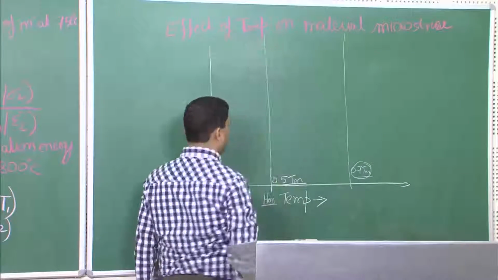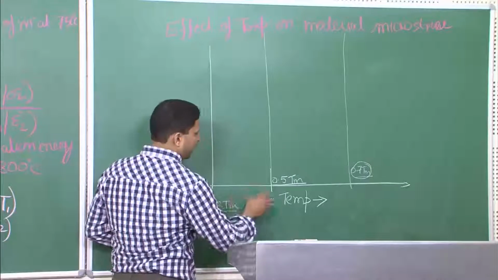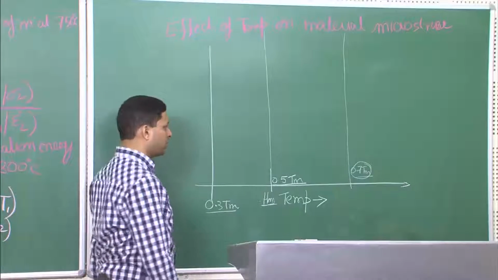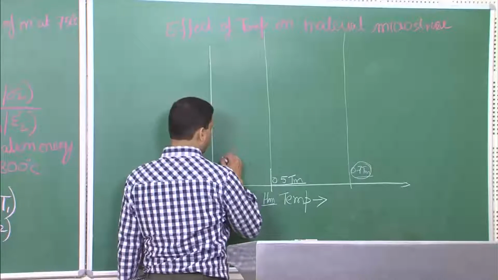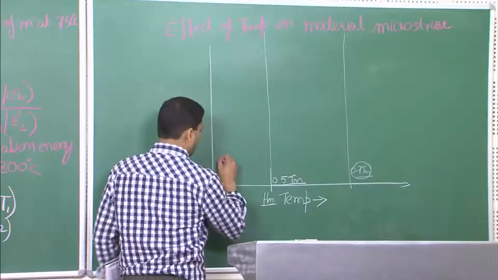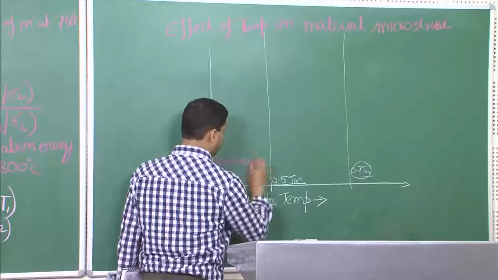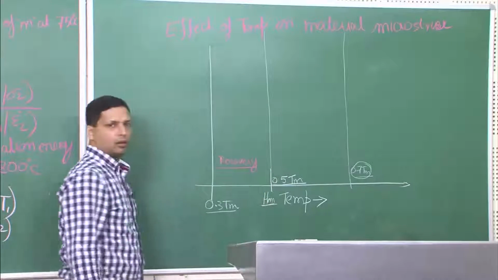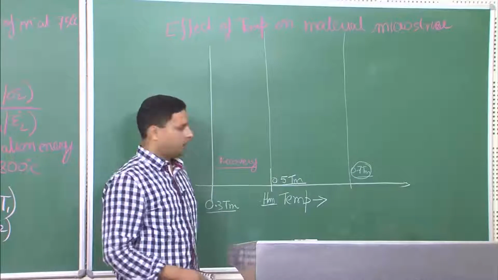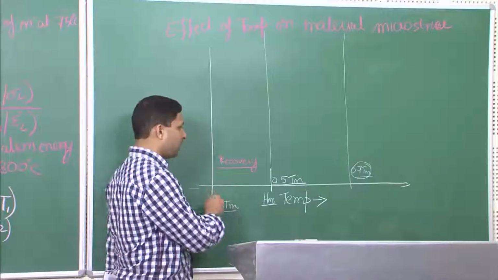So, now let us see what are the changes that take place. Above 0.3 Tm but less than 0.5 Tm, in terms of microstructure, we have a phenomenon which is called recovery. It is because of this, you remember we had 3 different zones of working, and I will come to it in a moment.